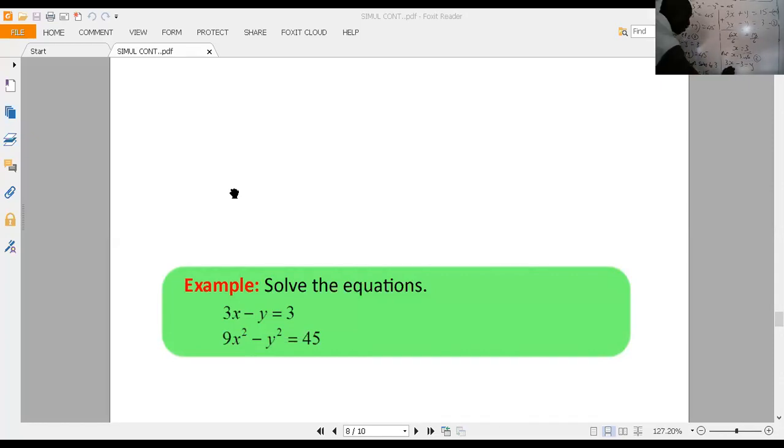Or if I write it, y is equal to 3x minus 3. So when x is 3, 3 times 3 is 9. 9 minus 3 will give you y equals 6.